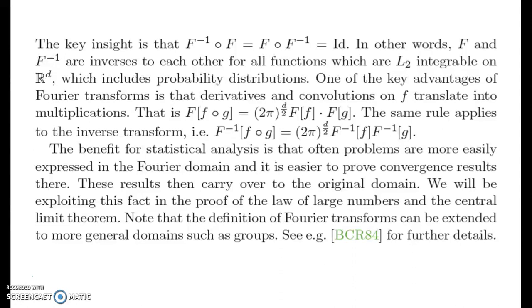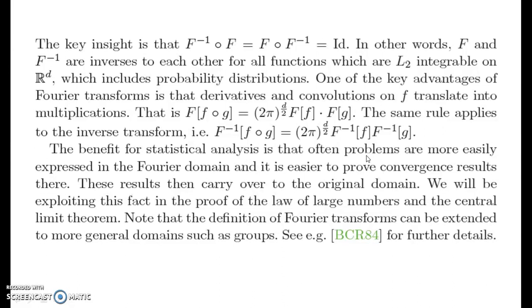The key insight is that F^{-1} F equals F F^{-1} equals id. In other words, F and F inverse are inverses to each other for all functions which are L2 integrable on R^d, which includes probability distributions.